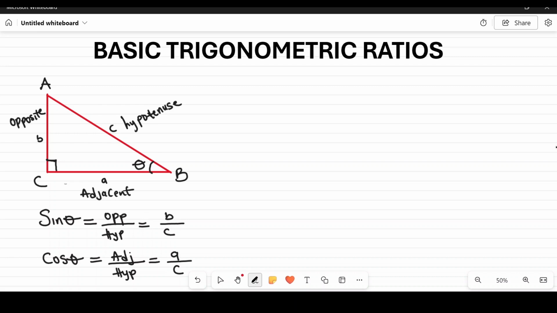Also, we have another ratio known as tangent. So it is called tan theta, and tan theta is defined as opposite divided by adjacent.